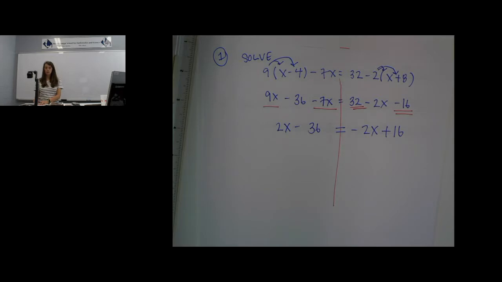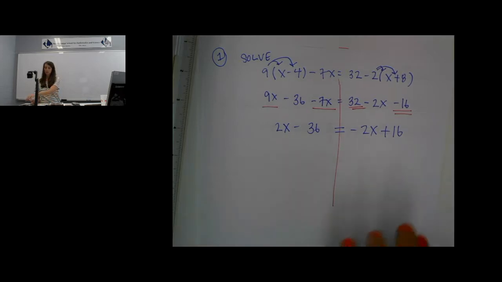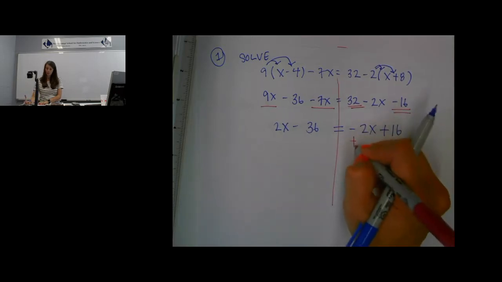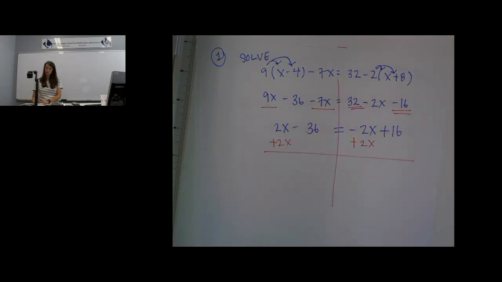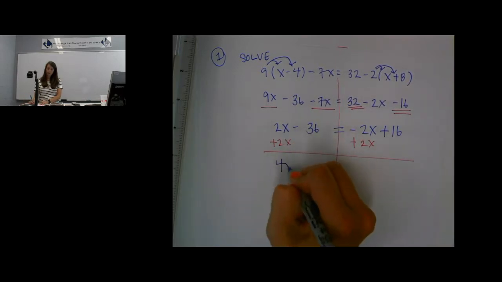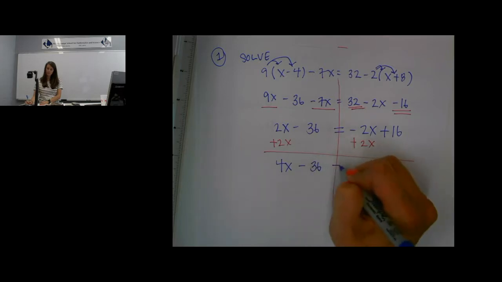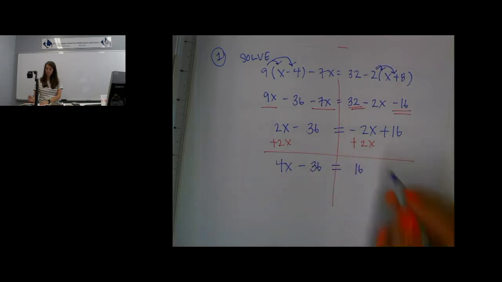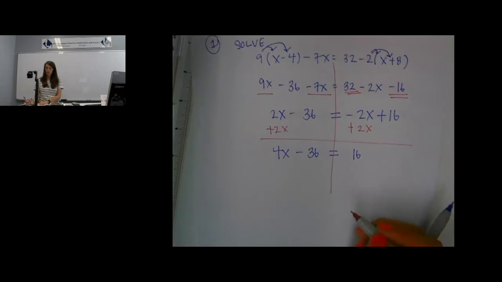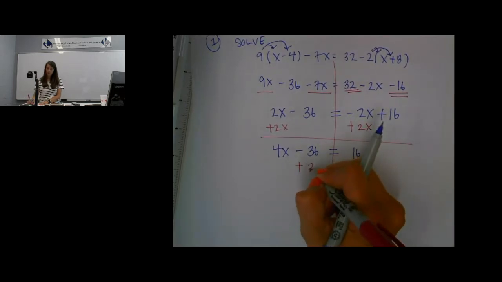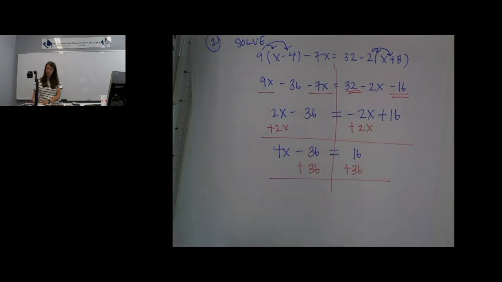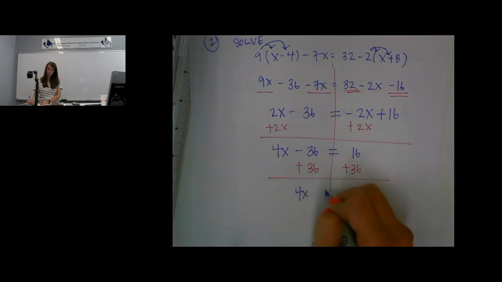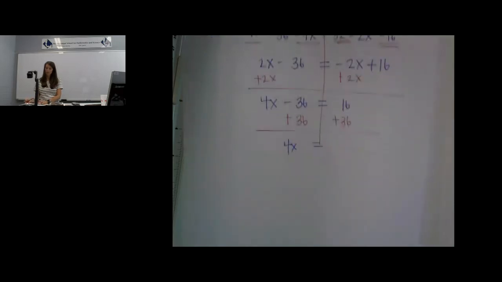Okay. So now I've got like terms on opposite sides of the equation that I need to get together. So I am going to add 2x on both sides. So when I do that, I'm going to have 4x minus 36 is equal to positive 16. Now I need to get my constant terms together, so I am going to add 36, do the opposite operation of subtraction, add 36 on both sides.